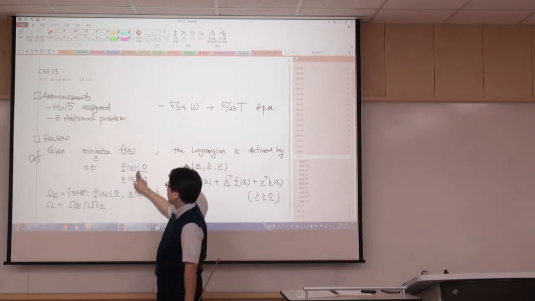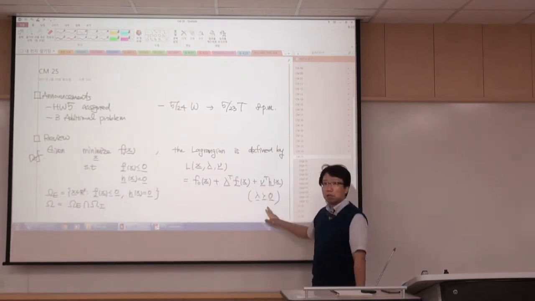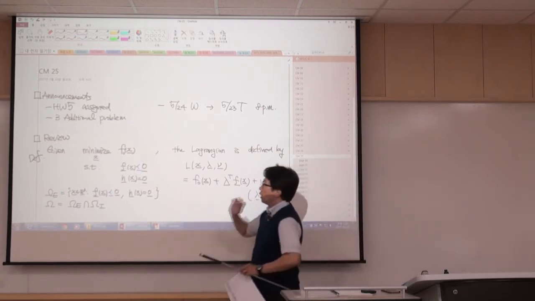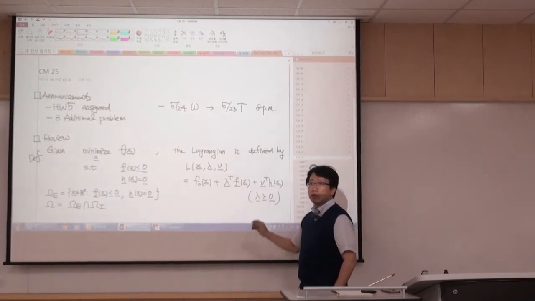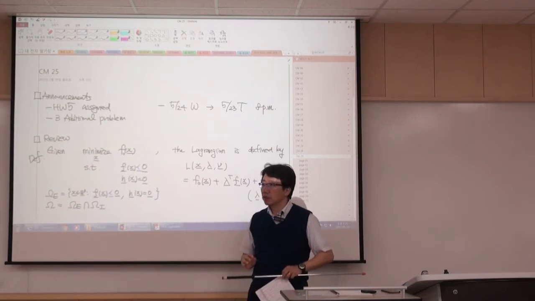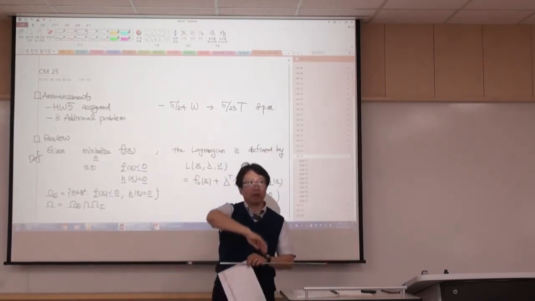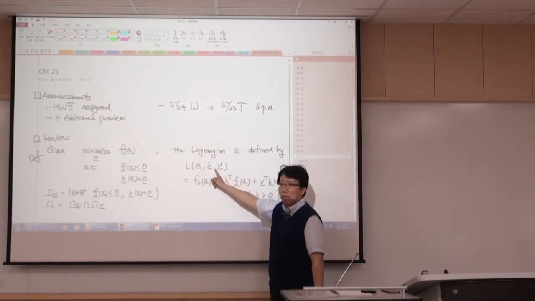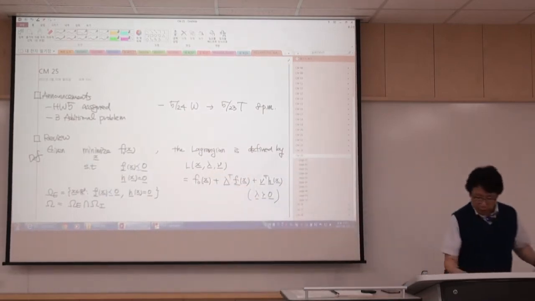Depending on this sign, probably we need to change the direction of this inequality. Got it? So even though we follow this convention, you must be able to adapt to different cases. For the minimization, we find a lower bound. For maximization, we want to find an upper bound by defining the Lagrangian. This is very important.